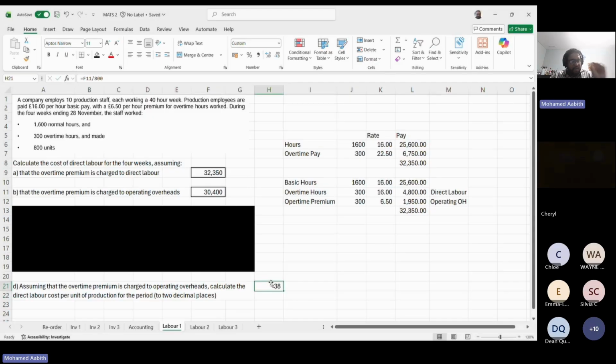So per item, this is going to be my labor cost per unit. So I need to do my total direct cost, which is this number, divided by the number of units we have done, and that will be the amount we're going to be charging. So that is the absorption, how we're going to absorb the cost per unit.